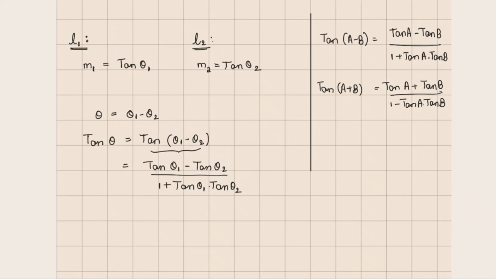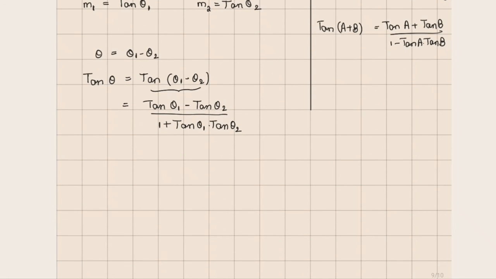We know tan theta 1 is the slope of line L1 and tan theta 2 is the slope of line L2, which gives m1 minus m2 by 1 plus m1 into m2.